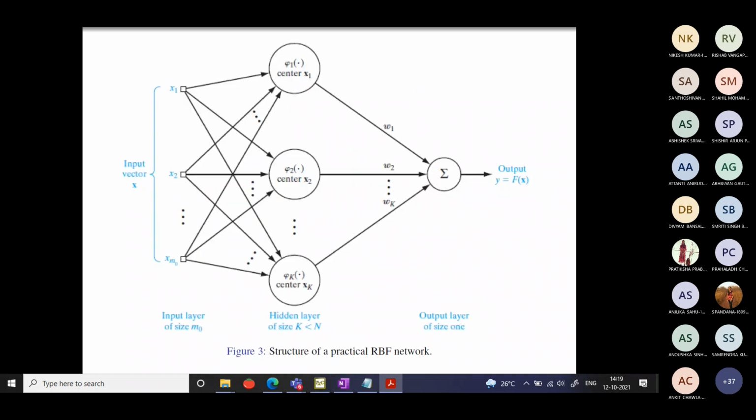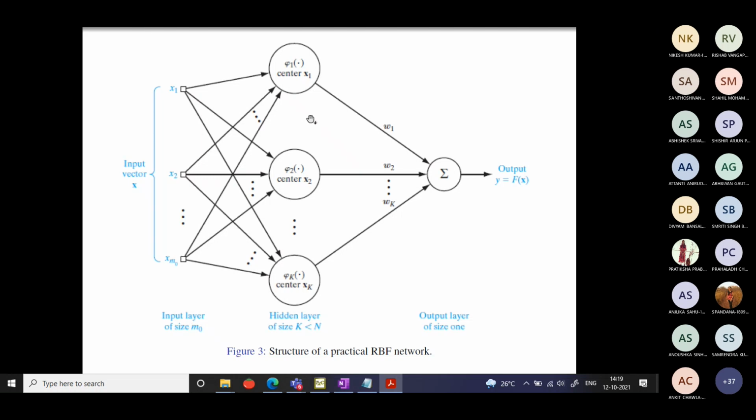So this is the structure of a practical RBF network. Somebody has also pointed out: how do I find the centers? Remember, the center is not a problem, because we're finding the center at a particular data point, in this particular case, either interpolation-wise or practical.